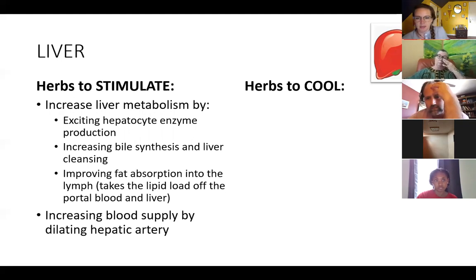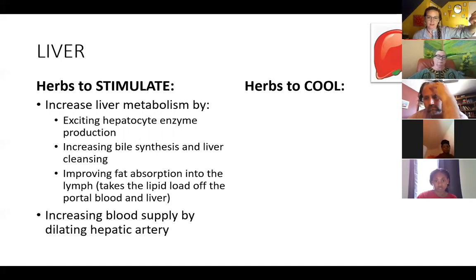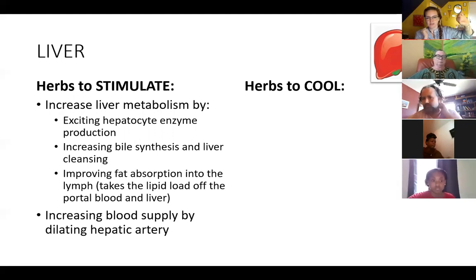Yeah, definitely. Like we were saying, I think the excess will pull energy from another source. And then when it's time to balance it out, other parts of the body, other systems need that energy back. And then the liver is left in a more deficient state than it was before it went into excess.